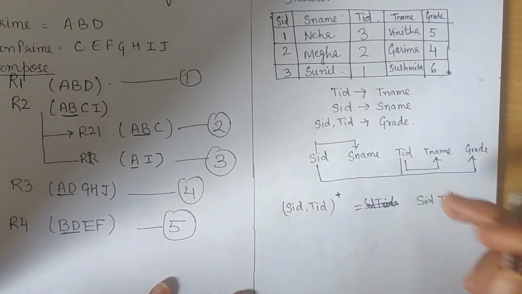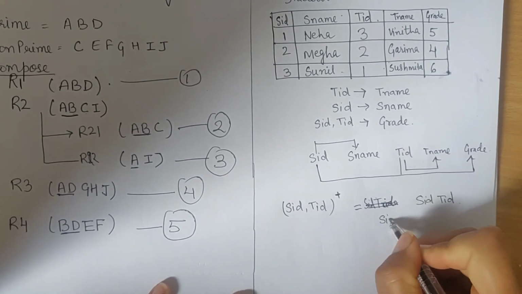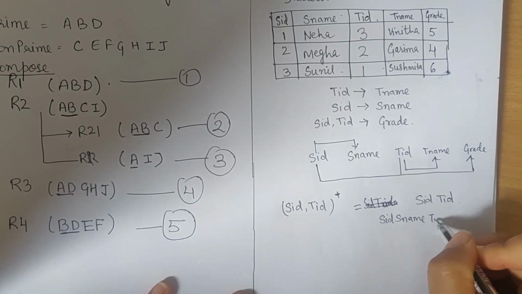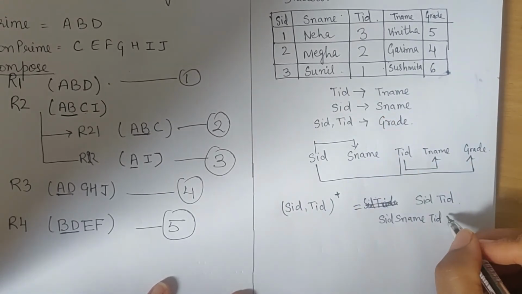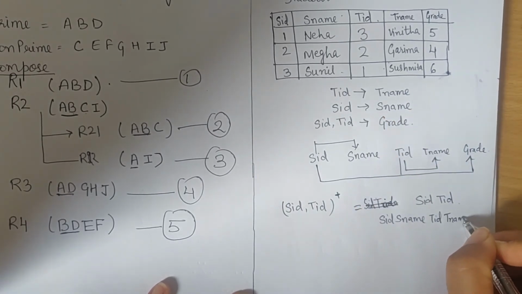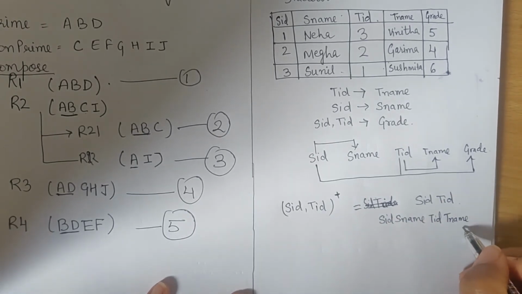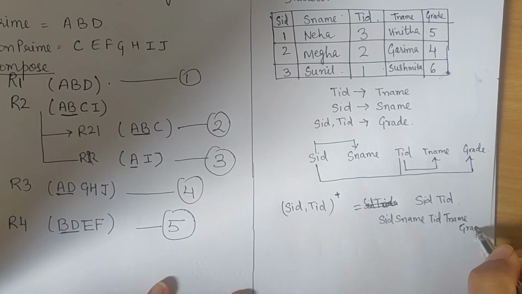Then SID is determining SName, so SID, SName. TID determines TName, so here TName. And SID, TID together determines grade, so I will get grade also.